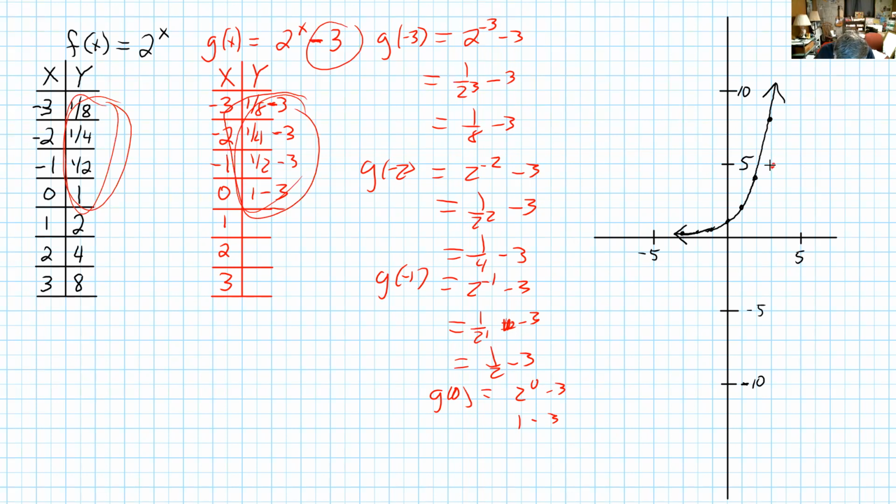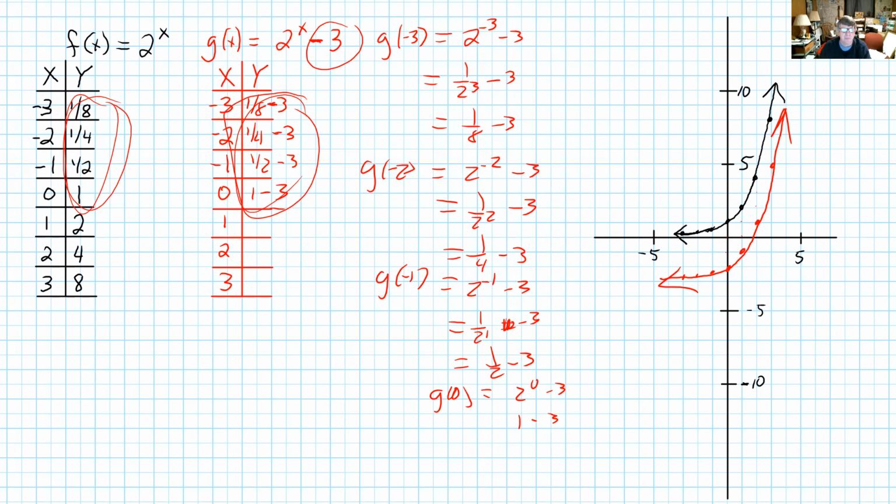So 1, 2, 3, and our graph is going to look like that. Remember, y equals x squared was at the origin, and y equals x squared minus 3 moved down 3 units. So this exponential graph is going to move down 3 units. The red graph is 3 units below the black graph.